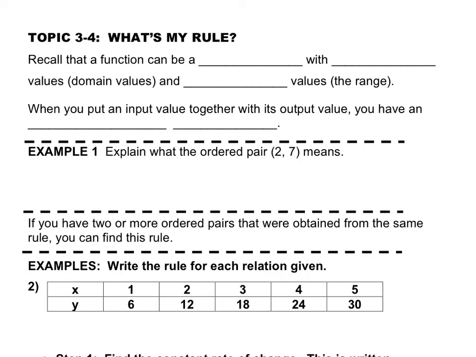Today's topic is on what's my rule. So I want you to recall that a function can be a rule with input values that are the domain and output values that we call the range.